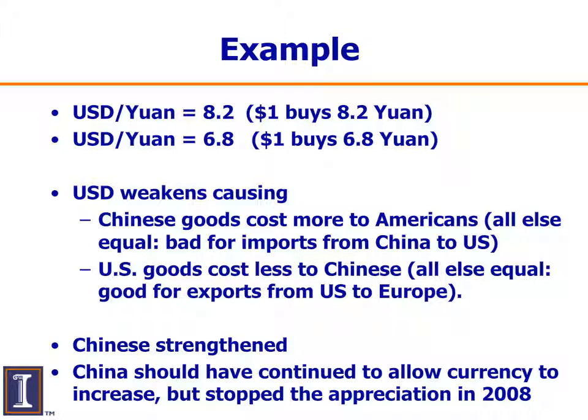All else equal, it's bad for imports. And U.S. goods cost less to the Chinese. All else equal, it's good for exports. And again, since the U.S. exports agricultural goods to China, this would presumably be a net positive for exports.